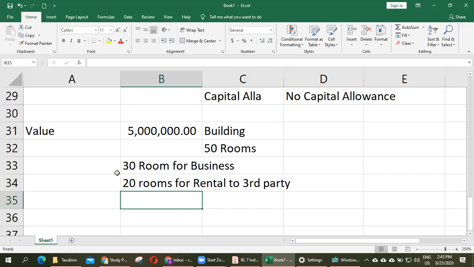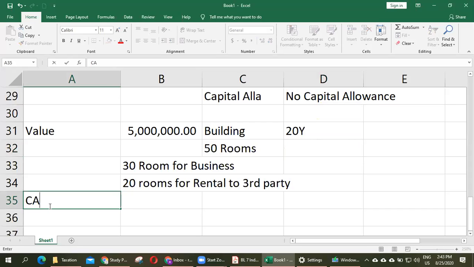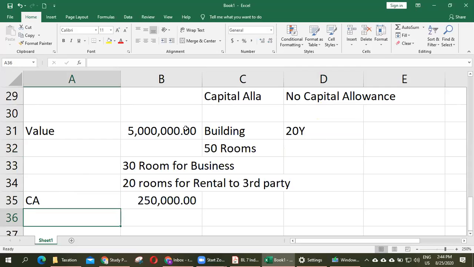60%, right? So for the building, 20 years. How much is the annual capital allowance for that building? 5 million divided by 20 years, how much? 250,000.